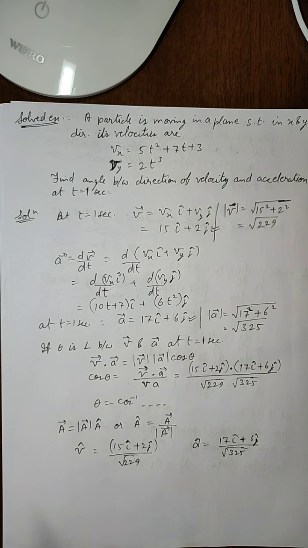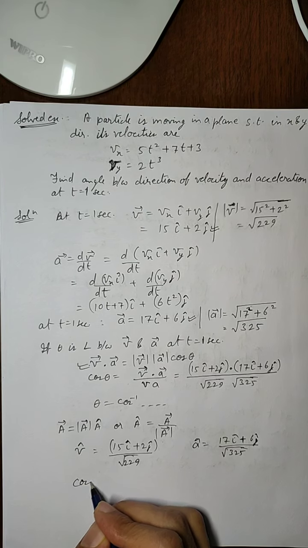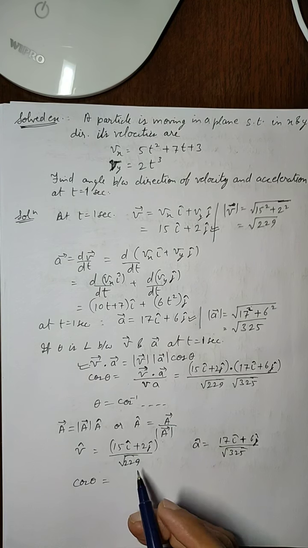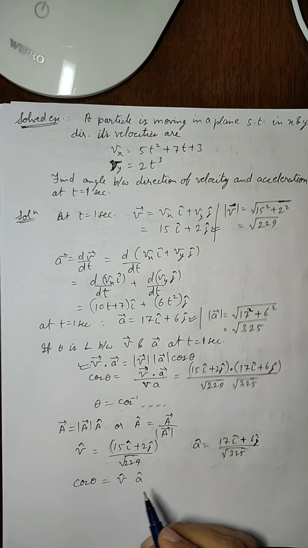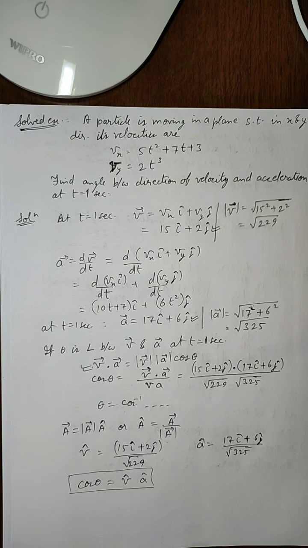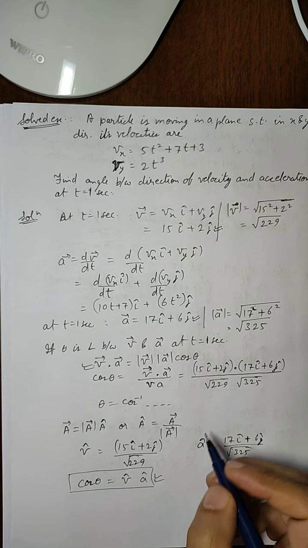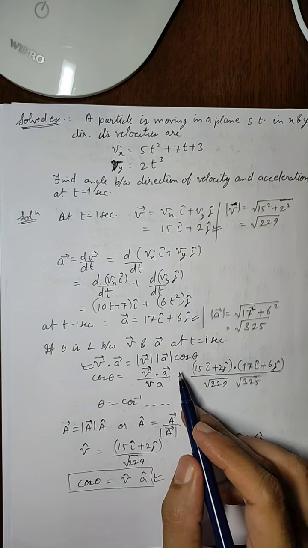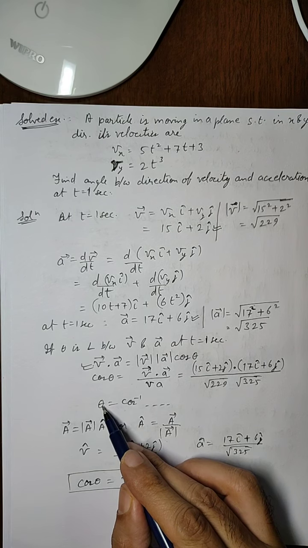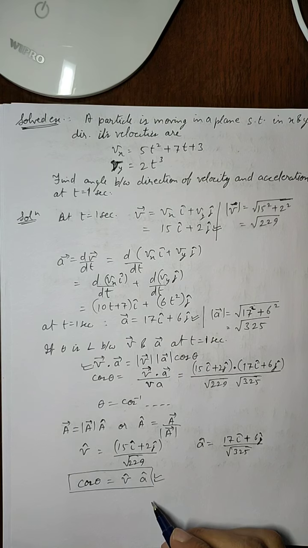So you have another formula for finding the angle: cos theta equals V cap dot A cap. If in some question unit vectors are given directly, you can find the angle between the vectors by using this formula. This is the original version of the formula, and you can find theta equals cos inverse of whatever value comes from here. So this will be the answer to your question.